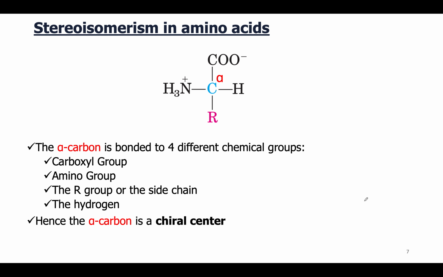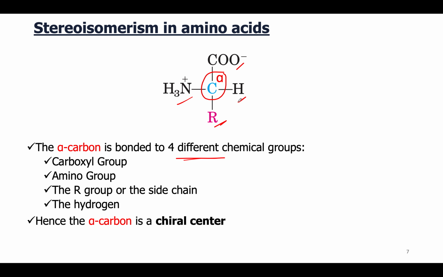So we go back to the general structure of an amino acid. We know that all amino acids have an alpha carbon. The alpha carbon is bonded to 4 different chemical groups: the carboxyl group, the amino group, the side chain, and the hydrogen.